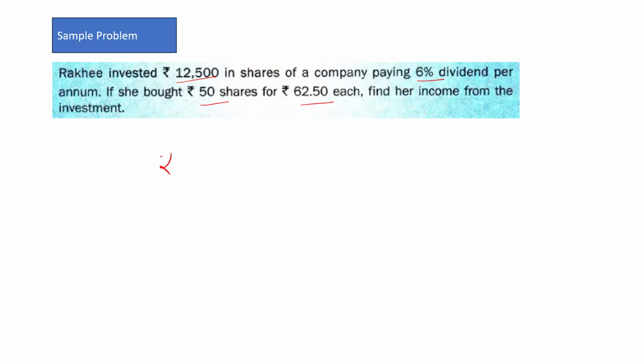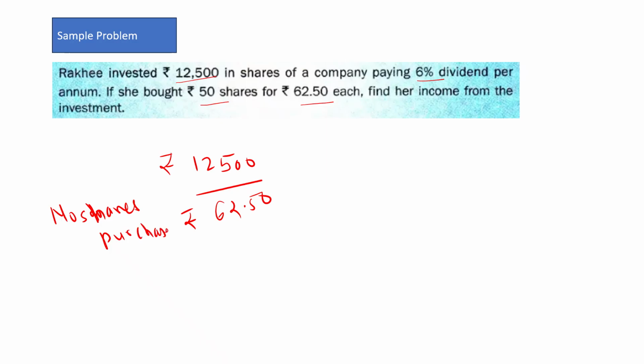Rupees 12,500. Cost of one share is what? Rupees 62.50. So number of shares purchased will be 12,500 divided by 62.50, which will come as 200 shares.